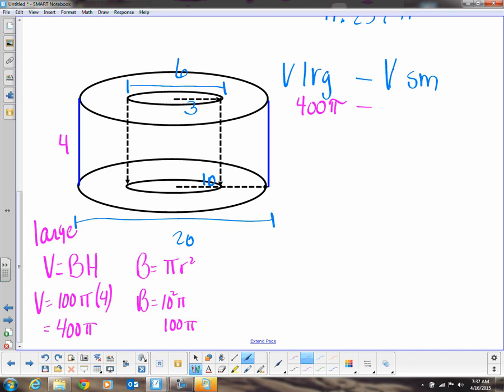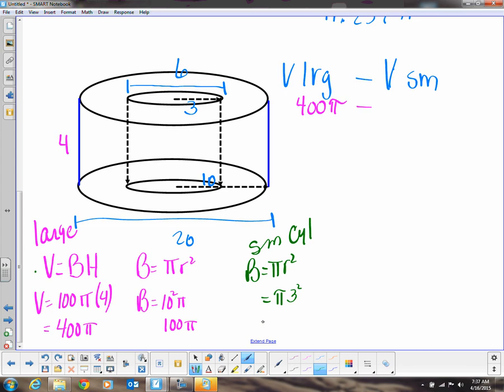And from that, we're going to subtract something. So let's now do the small. I can't find my cursor here. The small cylinder. All right. So if we're going to do the small cylinder, what is its base area? What's its radius? 3.